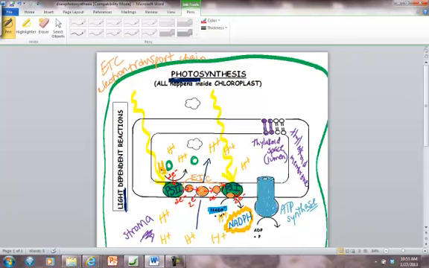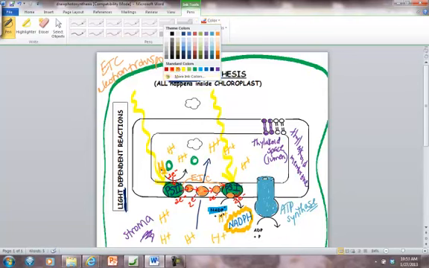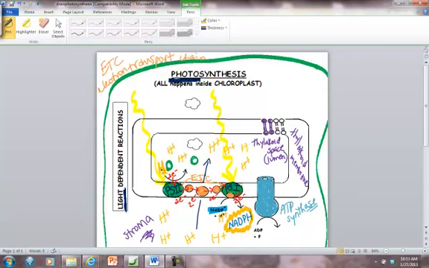So now I've replaced those electrons by splitting a water molecule. And now I'm ready for my next zap that comes. I have electrons to move down the chain again. We're going to pump hydrogen ions into my thylakoid space as they go down the line.